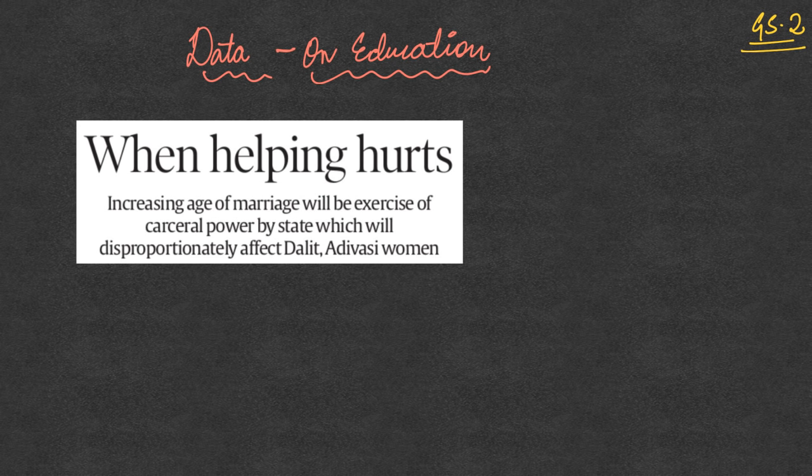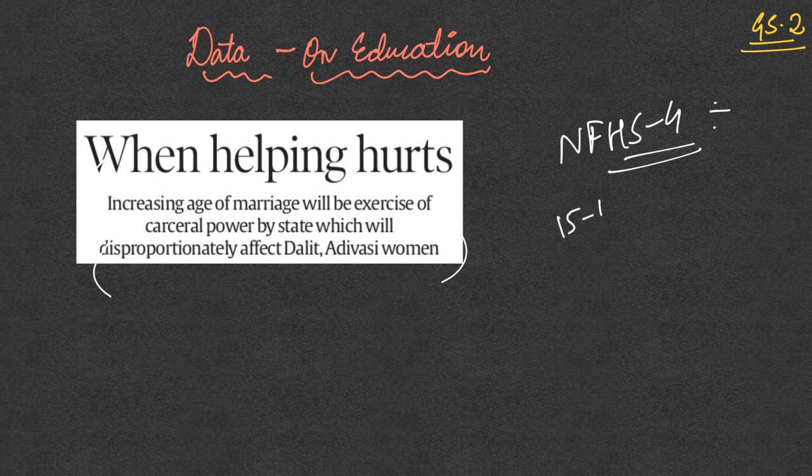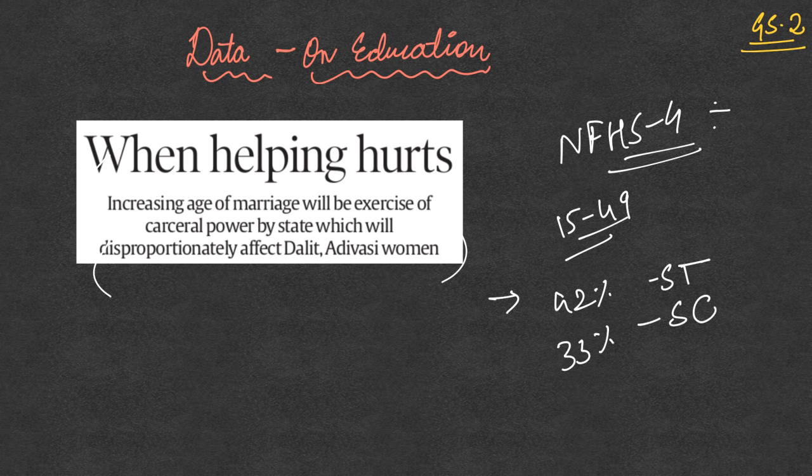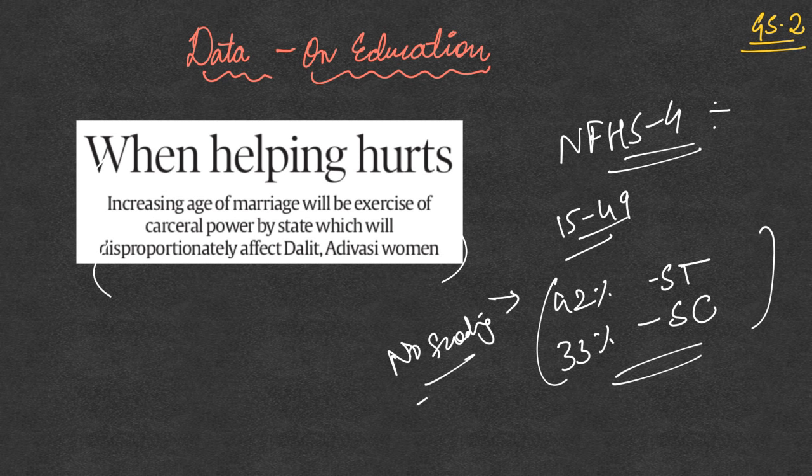Next was just data on education. Though this article was on something else, a small piece of data is very important in this. The National Family Health Survey NFHS 4 data shows that among women aged between 15 and 49 years, based on the number of years of schooling they have completed, 42% of ST women and 33% of SC women have received no schooling.